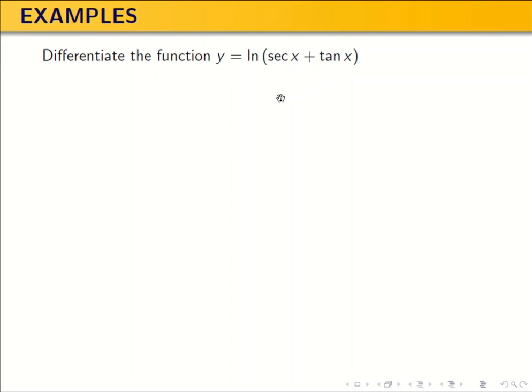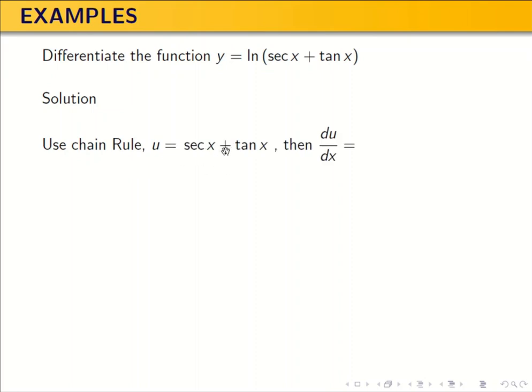All right, so from the definition, we know to use the chain rule, u equals sec x plus tan x. Then du/dx, because here it's not just x, will give me sec x tan x, because we said from the basic definitions that we know from differentiation, if you have addition of functions, the derivative will be the derivative of this plus the derivative of that.